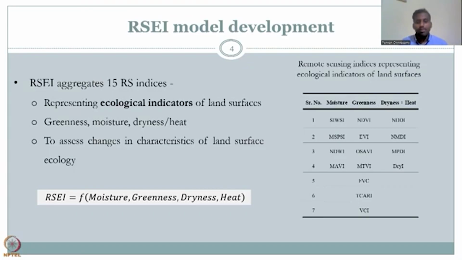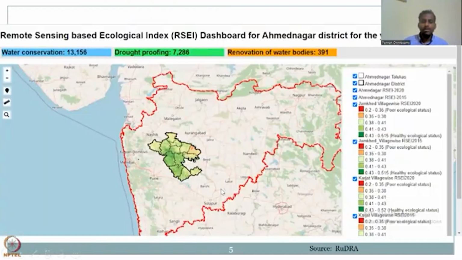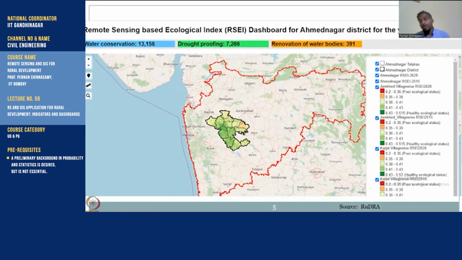And then what will happen is we will be looking at the database of how many water conservation activities were going on, drought proofing activities, and the renovation of water bodies. These are all the MGNREGA work under IWMP. So there is a lot of work going on, but we don't know how impactful it is.